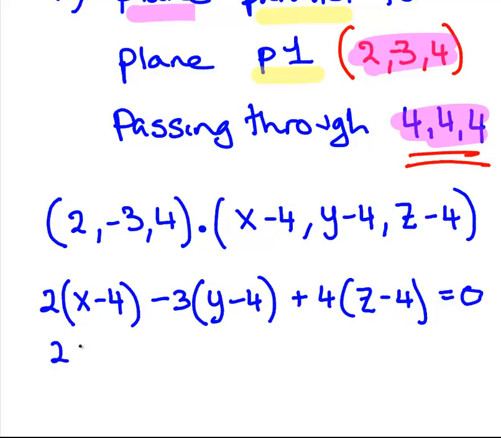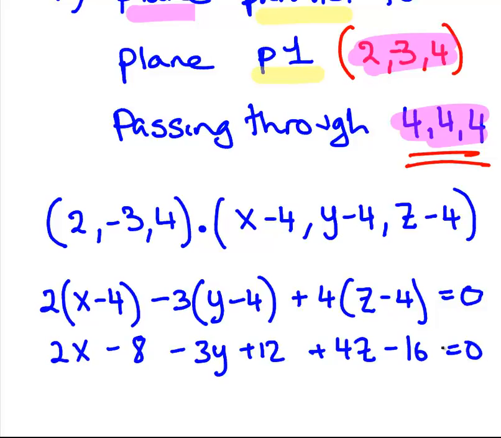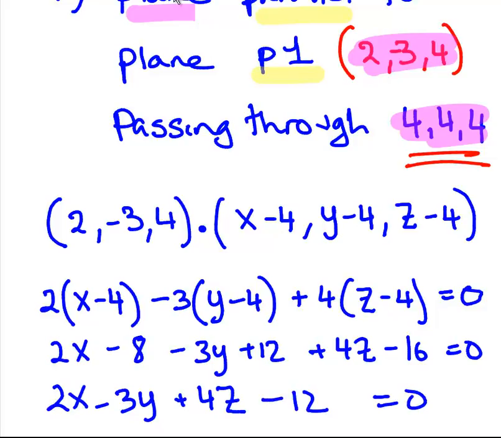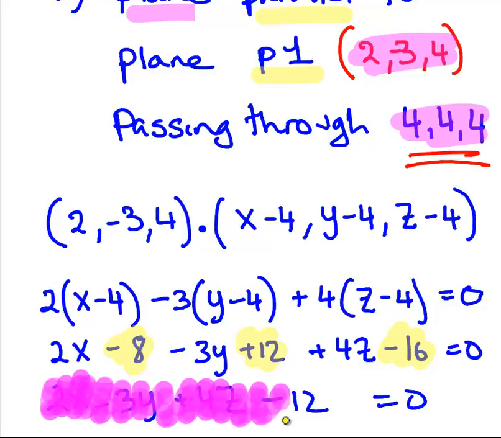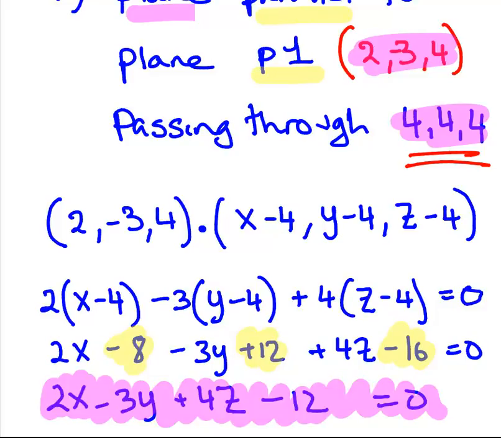So that's 2x minus 8 minus 3y plus 12 plus 4z minus 16 equals 0. Rearranging, we get 2x minus 3y plus 4z, and minus 8 minus 16 plus 12 gives us minus 12 altogether.